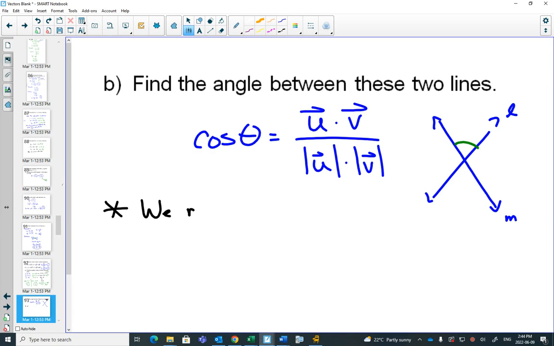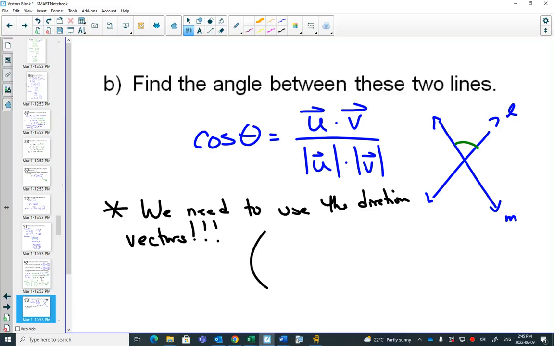We need to use the direction vectors. The order won't matter because the dot product doesn't depend on the order. Okay? So we need to use, what are our direction vectors?